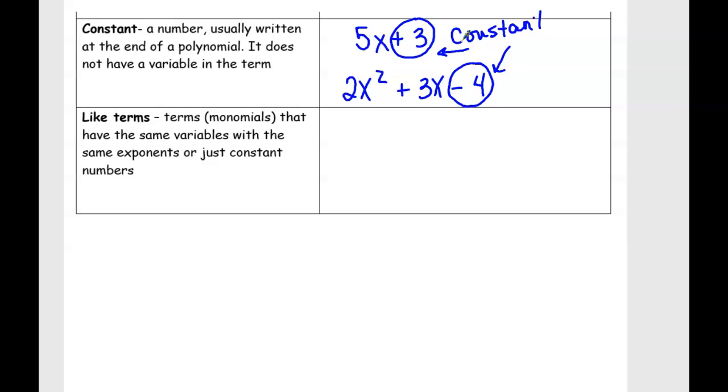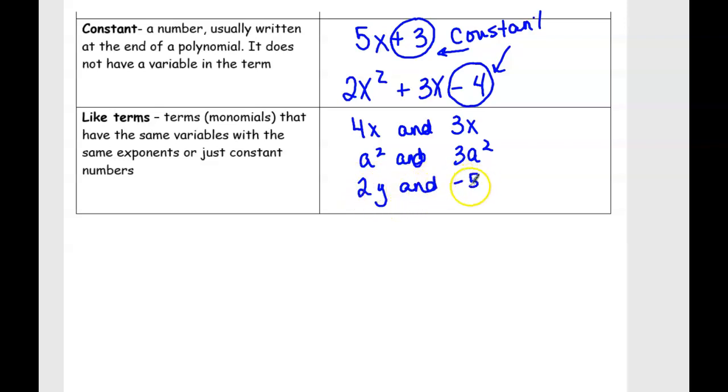Like terms are terms, monomials, that have the same variables with the same exponents, or they're just constant numbers. I could combine 4x and 3x because they're like terms. I could combine a squared and 3a squared because they're like terms. I could take 2y and negative 5y and combine them.